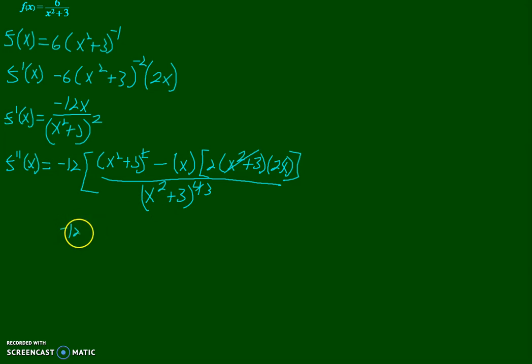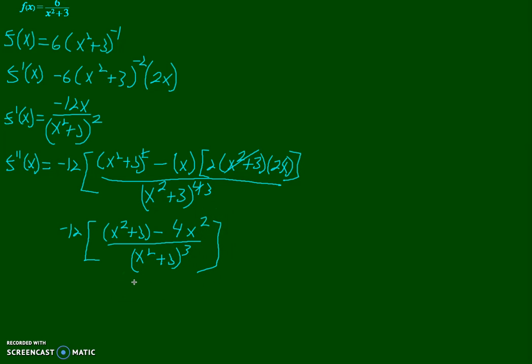So we have negative 12 times, this is x squared plus 3 minus this thing, which is going to be x times 2 times 2x. So that's 4x squared, all over x squared plus 3 to the 3rd.